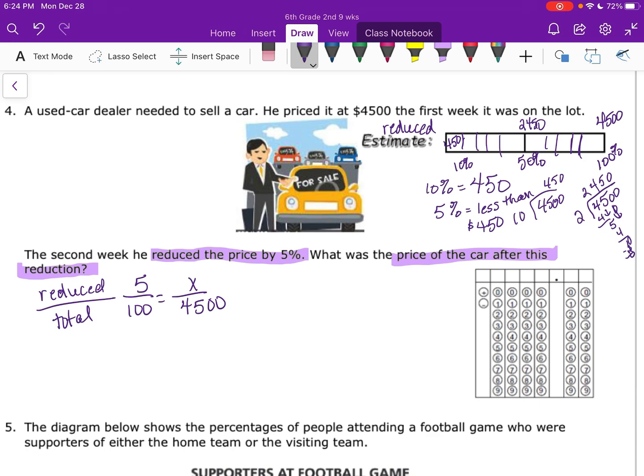So 100 times 45 will give me 4,500. So whatever I multiply the bottom by, I have to multiply the top by. So 45 times 5. So 225.